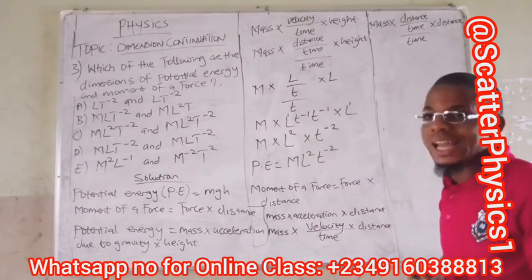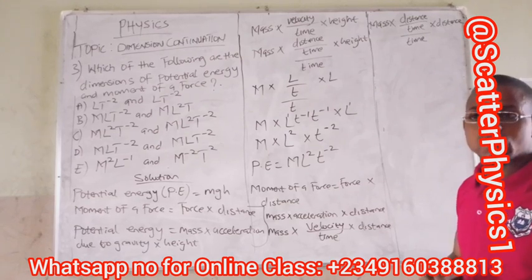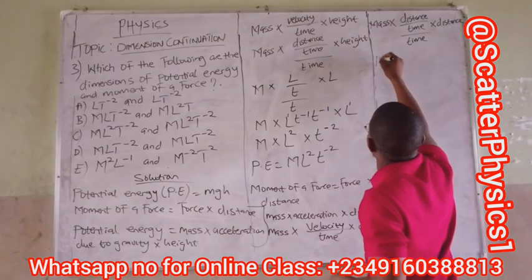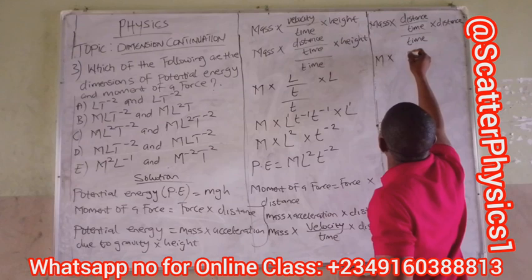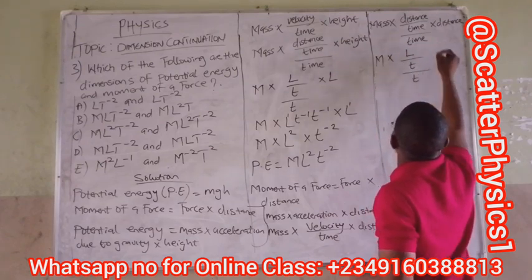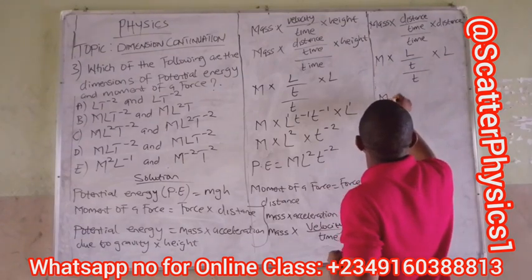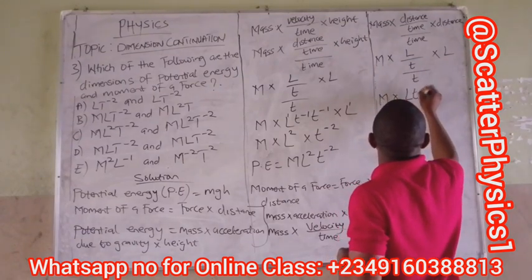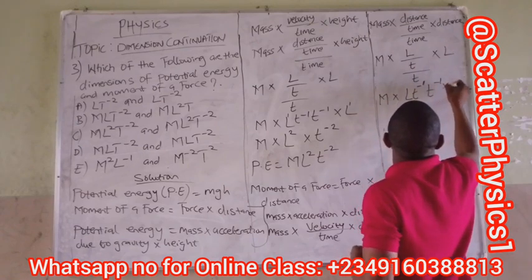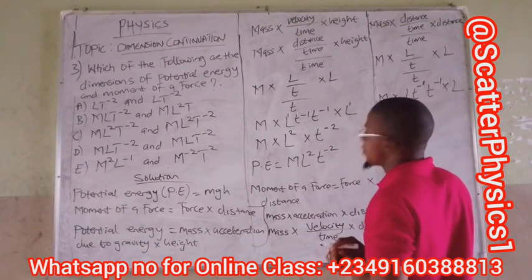So with this, we can now apply the three basic quantities in dimension. Mass is M, distance is L, and time is T. Then we have M times L T to the power minus 1, T to the power minus 1, times L. Then we bring the like terms together.